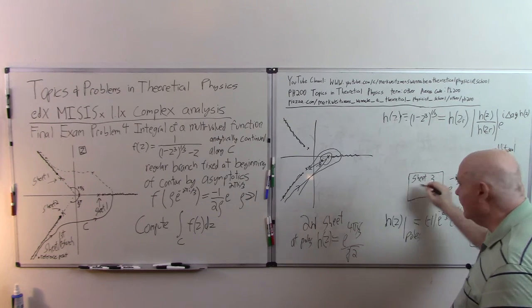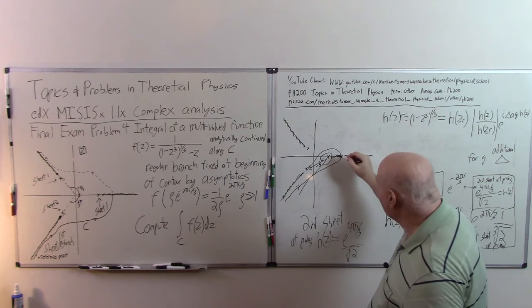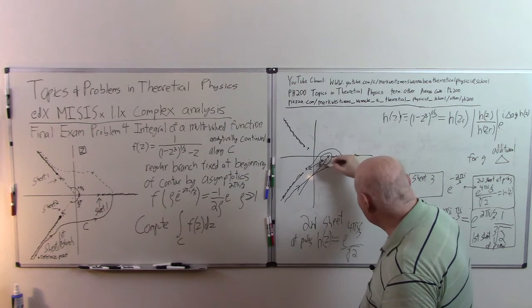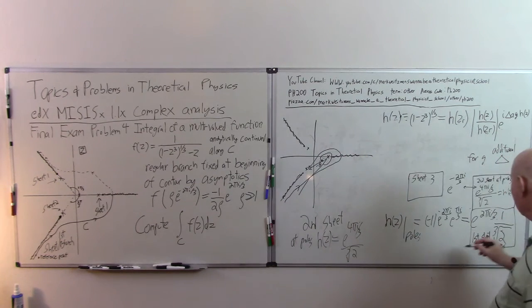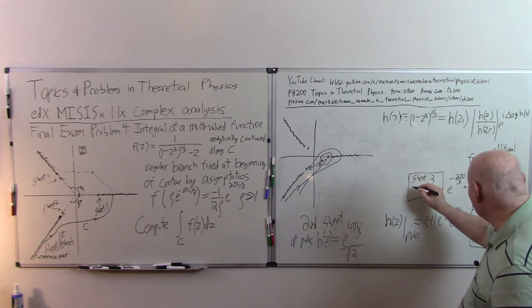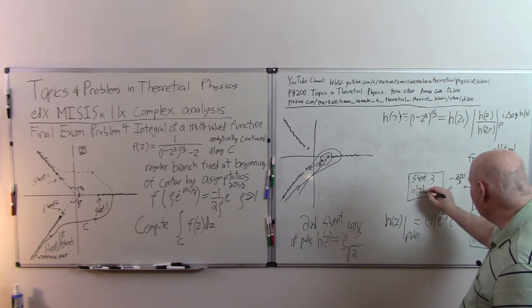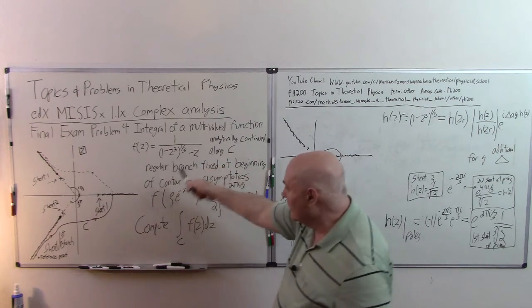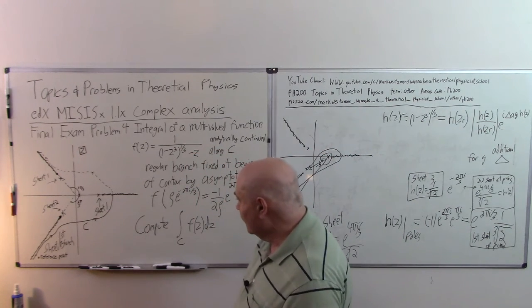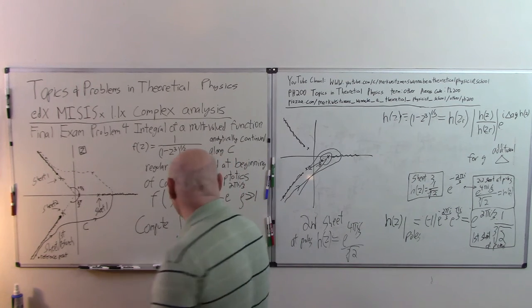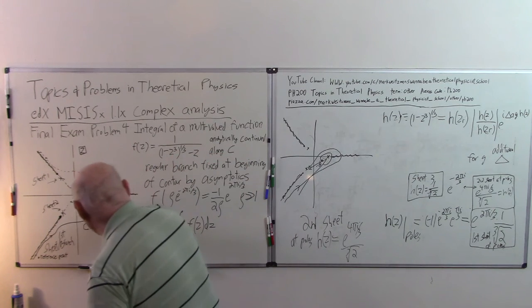It's kind of like we loop again across the branch cut, another loop here, and it's going to add another 2 pi I over 3. So on the third sheet, it's just going to be h of z at all those pole points. It's just going to be 1 over the cube root of 2, and that will, of course, equal to z in here. So, as I said, I have it written down wrong. This is on sheet 3.